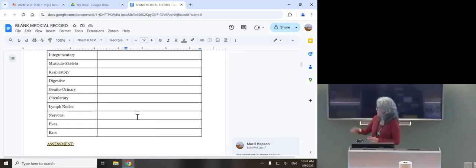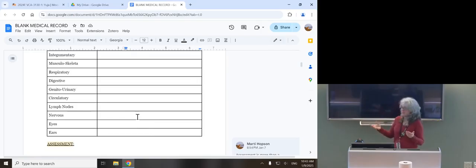If your animal is not allowing any of this, you would just note not examined or not able to examine, and you'd maybe explain that a little bit more in the subjective, like this animal is exhibiting signs of fear aggression, we're not really able to get near it right now, we'll try to do a better physical exam later. Or if you're leaving it blank, well, don't leave it blank. Put something like not able to assess, right?